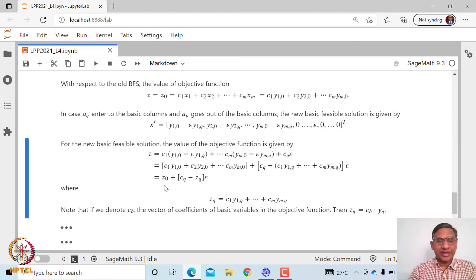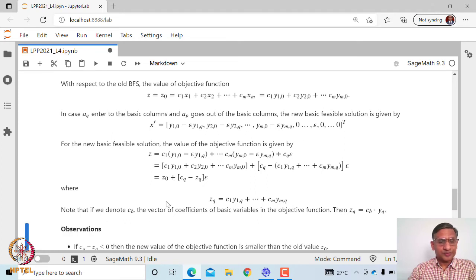That means the current value Z0 is not an optimal value, so we need to choose q such that Cq minus Zq is negative. And in case Cq minus Zq is non-negative, this value is not going to decrease. Therefore, what you have got is already an optimal value.